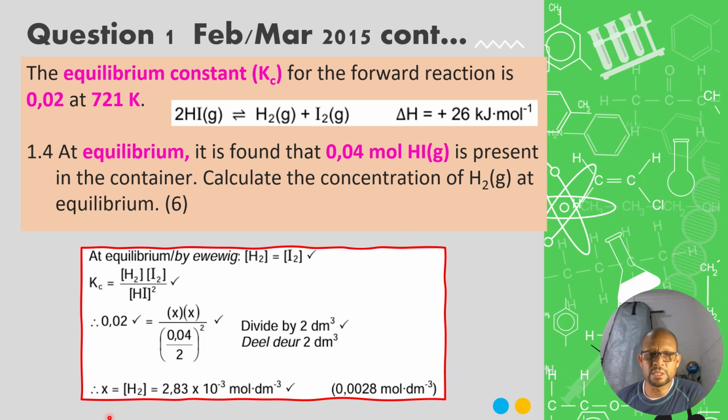A simple calculation will reveal that the value for X, which also indicates the concentration of hydrogen gas, will be 2,83 times 10 to the power -3 moles per cubic decimeter.